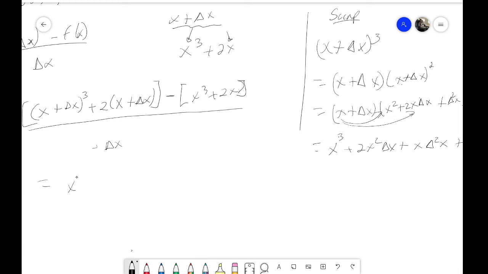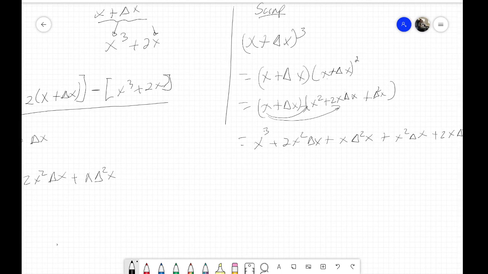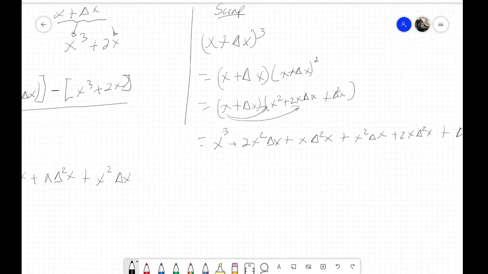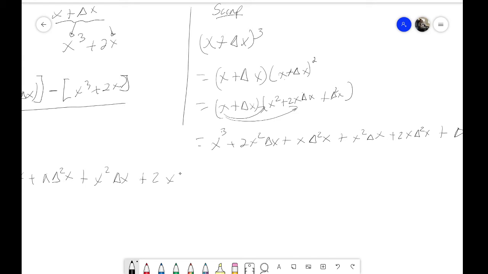So let's rewrite it. That's x cubed plus 2x squared delta x plus x delta x squared. And do I have two of them? No, I don't. Because it's an x squared delta x plus 2x delta x squared. Well, I do have this too, so I could combine them.